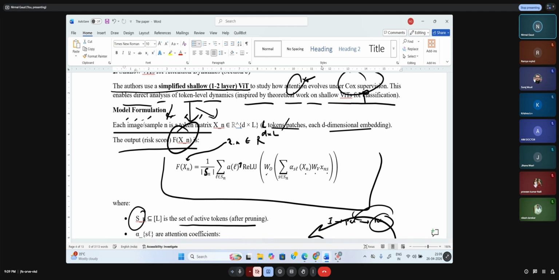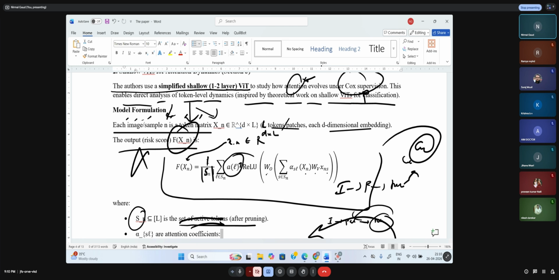Each image has n tokens which are active. Only consider active tokens, not passive tokens or eliminated tokens. So we have image to patch to tokens, and only consider active tokens and find the risk. This is how we need to find it: 1 upon the number of active tokens, that is the set of active tokens, summation, attention scores. This is the attention score, this is ReLU, again attention.